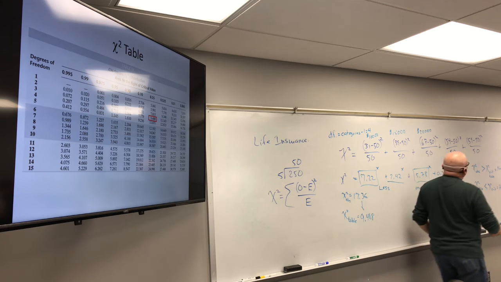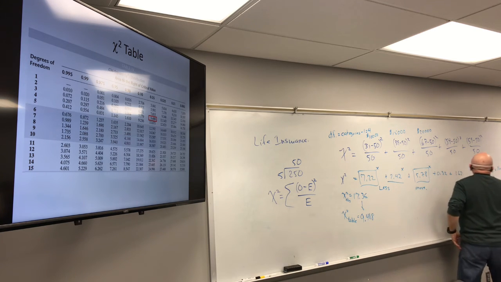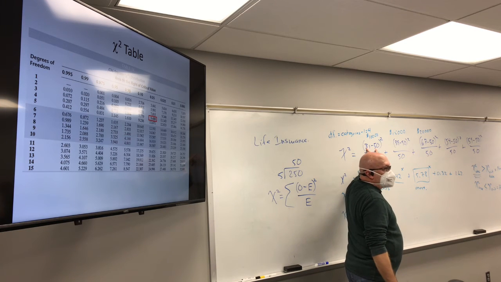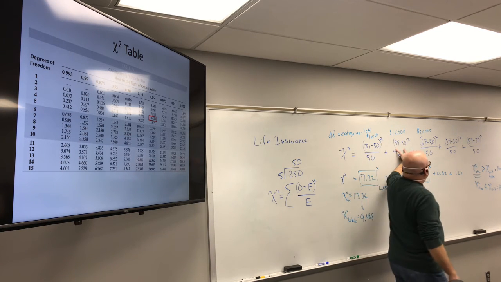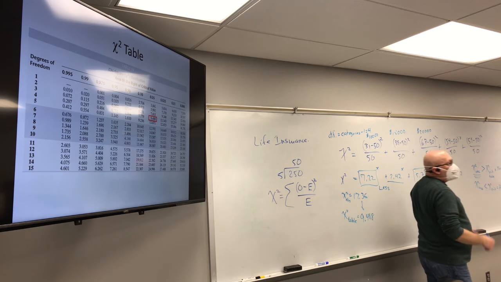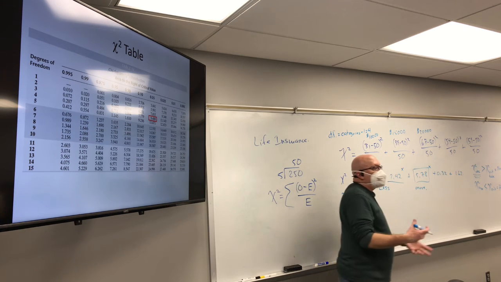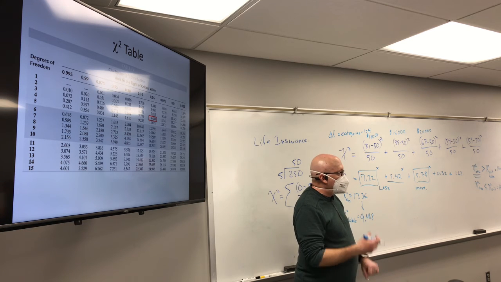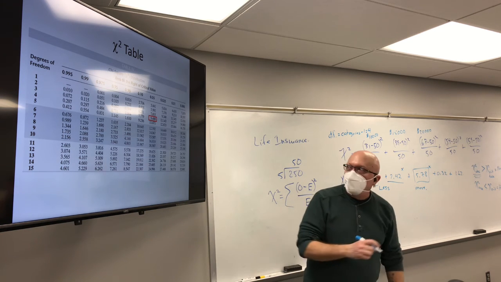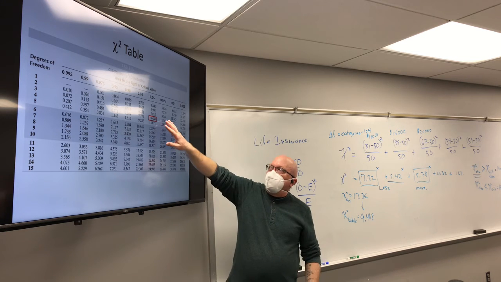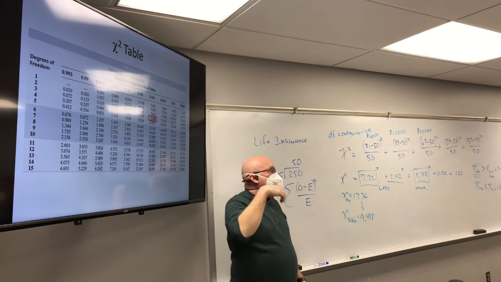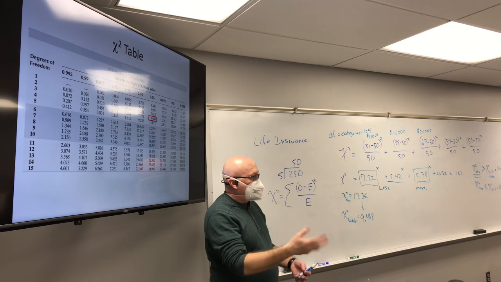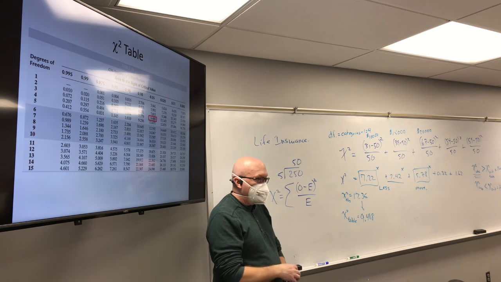So the chi-square is significant if these differences get big. This difference is big, that difference is big, that difference is big. They're all driving the chi-square to be big, which signifies to you that they're not homogeneous. Okay? So it's always a comparison to this. If what you observe is bigger than that, they're not homogeneous. If it's smaller than that, they are homogeneous.